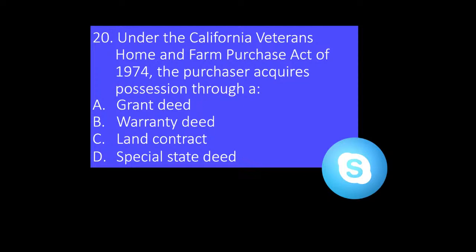Let's go ahead and do an elimination first. Which one do you think you should eliminate first? Warranty deed. Good elimination, so you're left with 3. Land contract. So you're eliminating C, is that right?